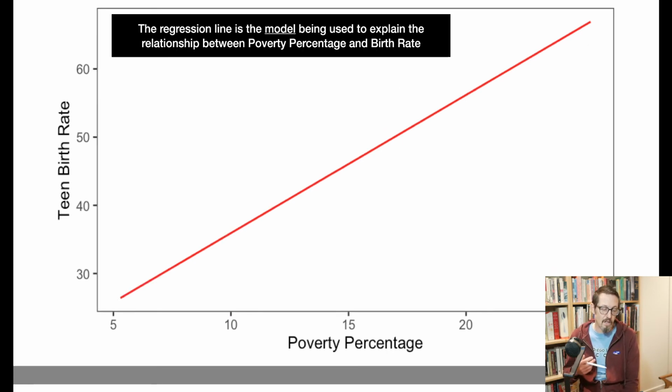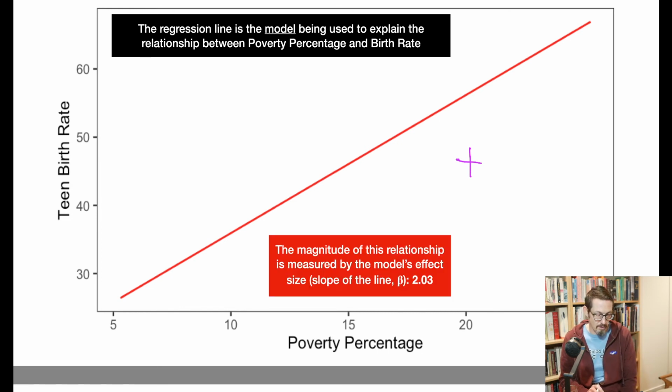So the regression line is the model. This is our hypothesis to explain the relationship between poverty percentage and birth rate. As you may note, the slope is a positive one. So we're saying there's a positive relationship. An increase in poverty means an increase in birth rate.